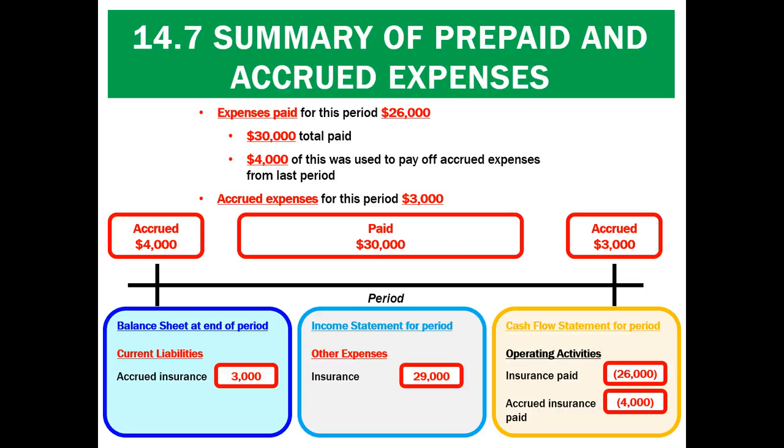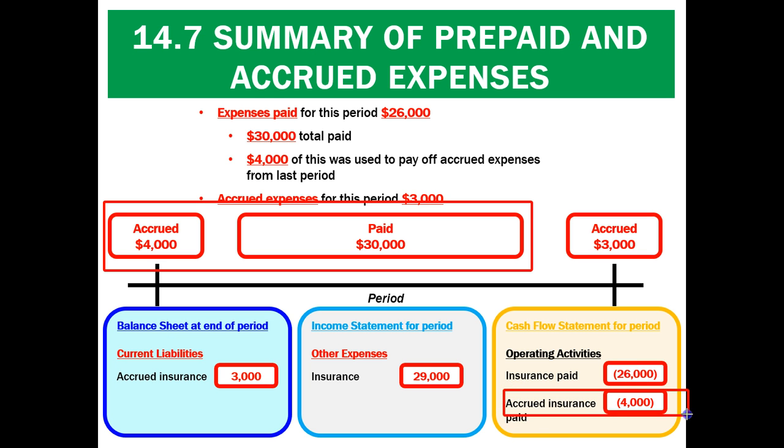Looking at how we got that number, we had the $30,000 total payment, but remember that $4,000 of that was actually to pay off old insurance from last period. So we write in here that we've paid back a liability called accrued insurance of $4,000, and that must mean the other $26,000 covered insurance expenses for this period, which were also paid this period.